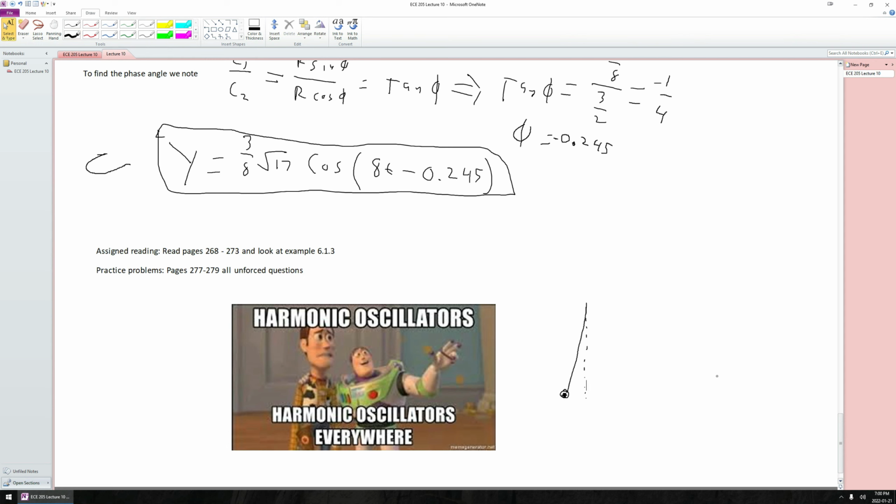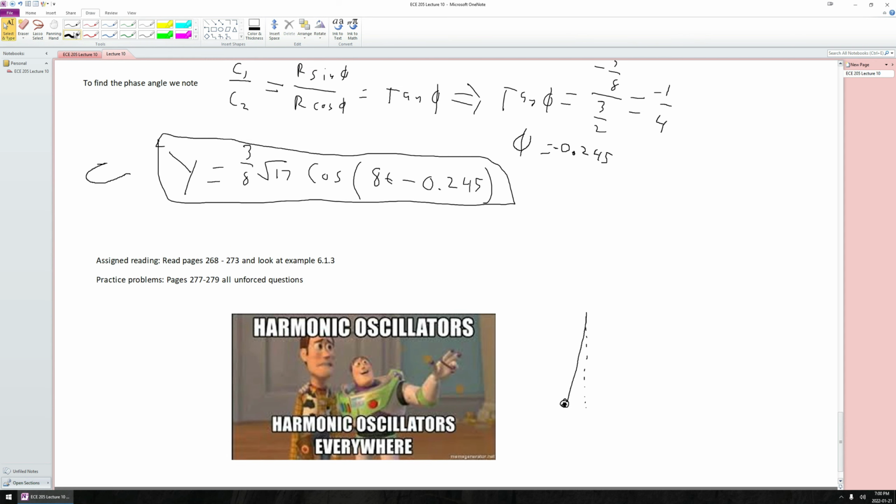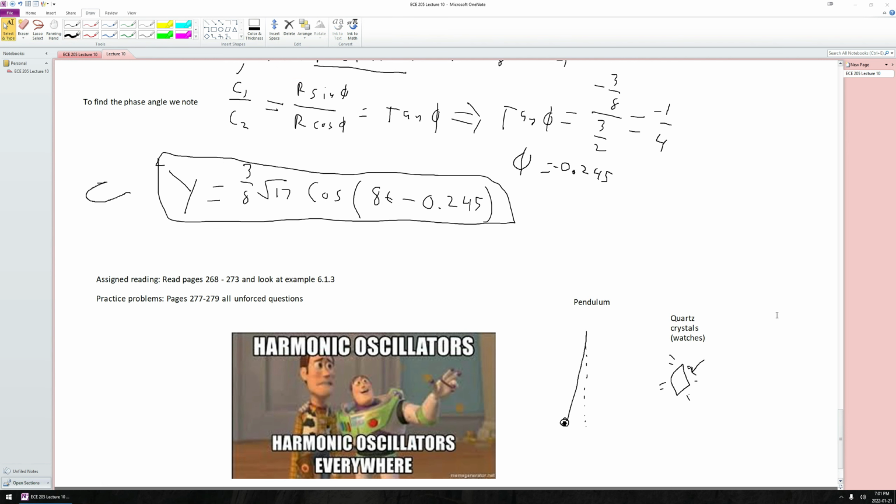Further, in a lot of watches, like quartz watches, you'll have a little crystal here, and you hit the crystal with the hammer, and then the crystal oscillates at a frequency. That's a harmonic oscillator. Further, atoms themselves are actually harmonic oscillators, and they have fundamental frequencies that are found by quite similar setups here. So here you have a little atom, here you can have your little electrons, orbitals going around it. Those orbitals are actually modeled quite well by harmonic oscillations.